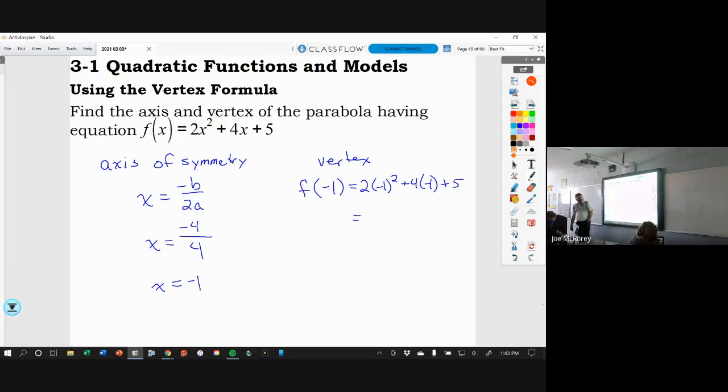Negative 1 squared is 1, times 2 is 2. 2 minus 4 plus 5. Negative 7? Probably not, I did the math wrong. It's 3. So where's the vertex? At negative 1, 3. The vertex is at negative 1, 3.